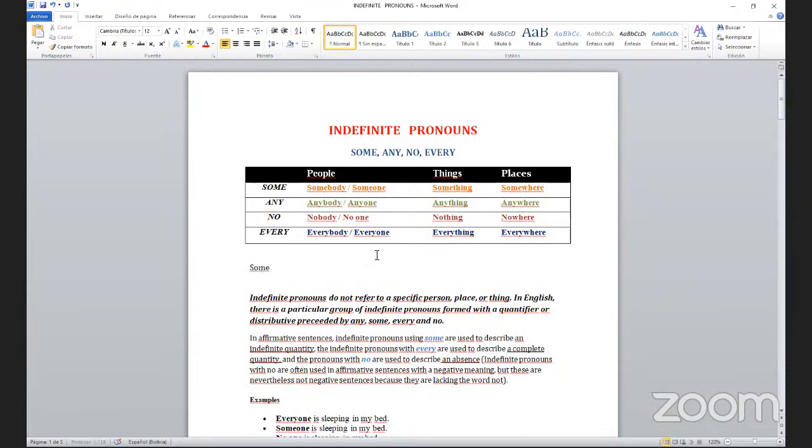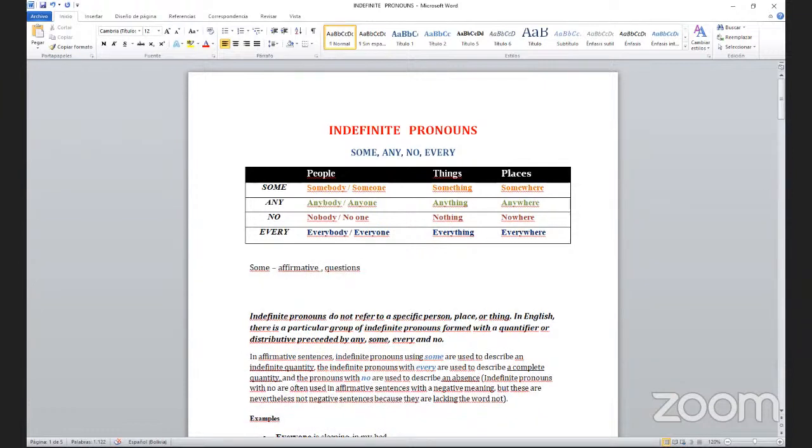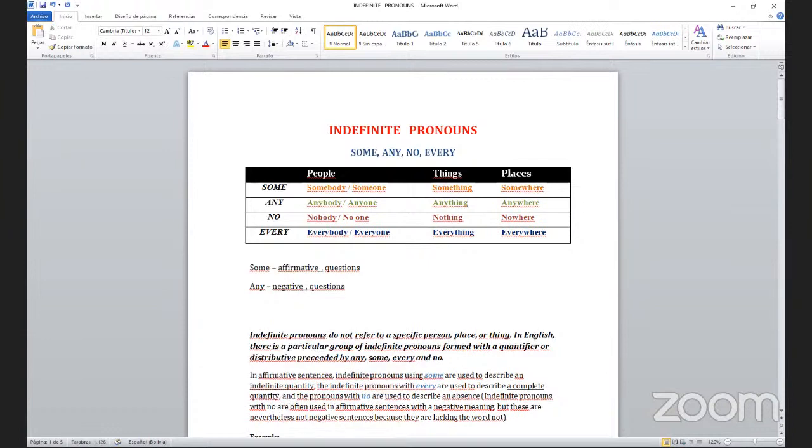For example, some, we're always gonna use for affirmative sentences or maybe questions, okay? Only affirmative or questions. If we use any, always with negative and questions, okay?